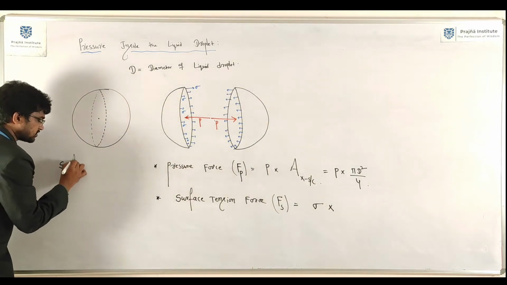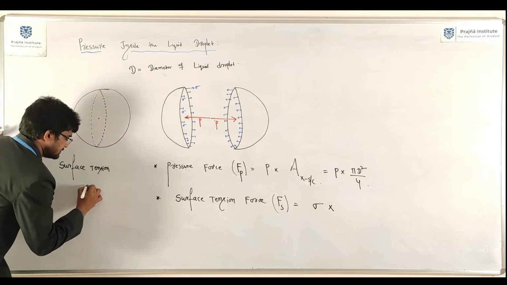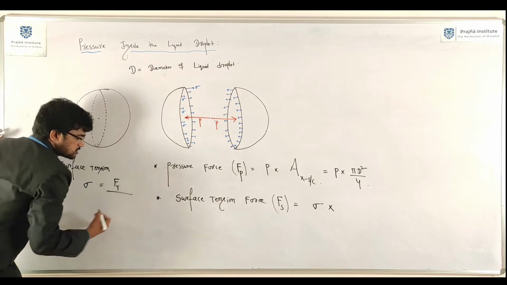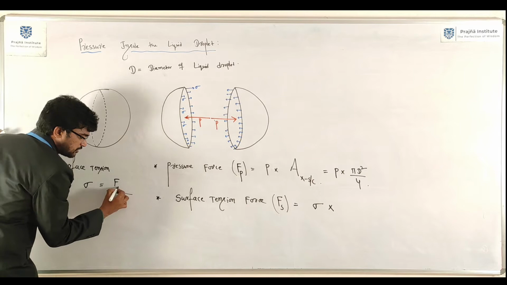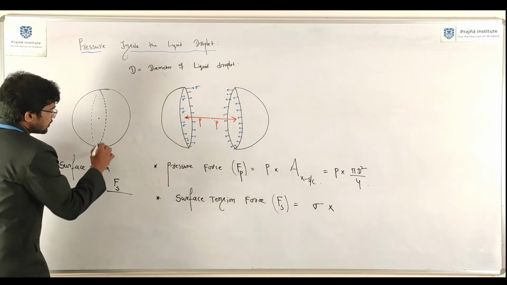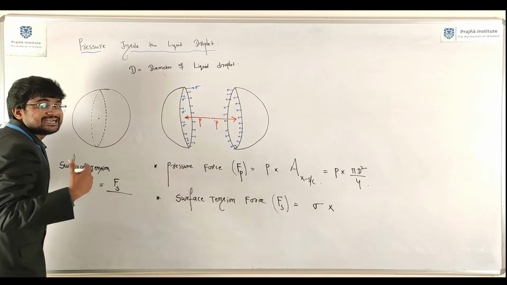So what is the definition of surface tension? Sigma equals tensile force, surface tension force, by length. Force per unit length.